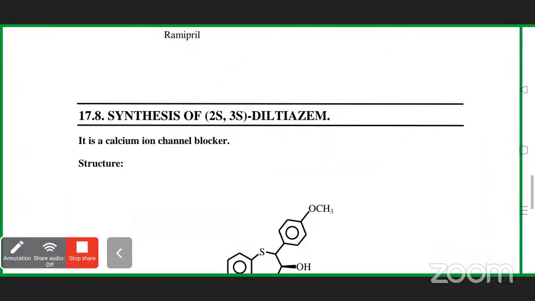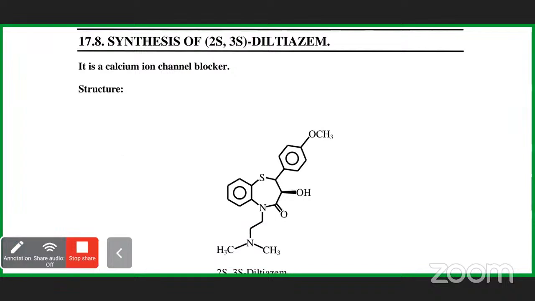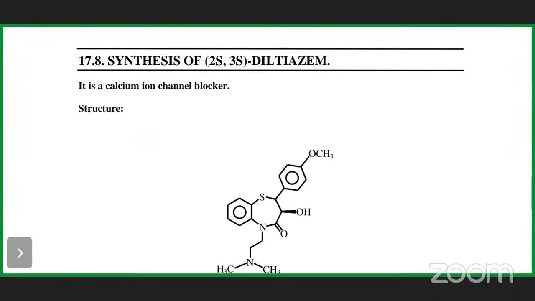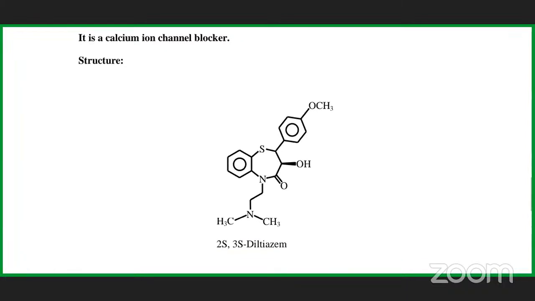Yes, you can see the structure of diltiazem here. This is benzene. What is this? This is thio. It is a seven-member ring, 1, 2, 3, 4, 5, 6, 7.